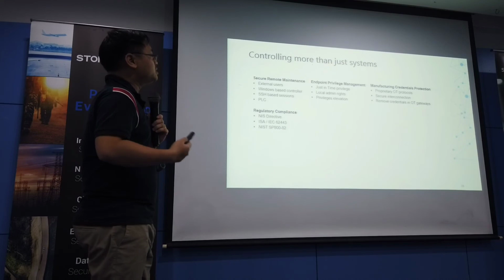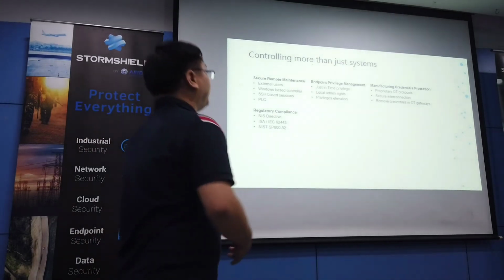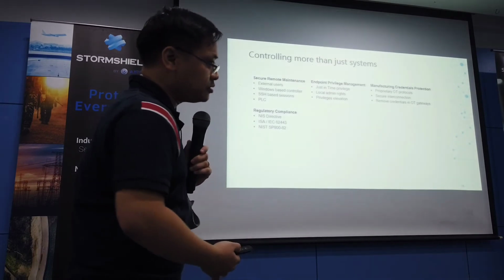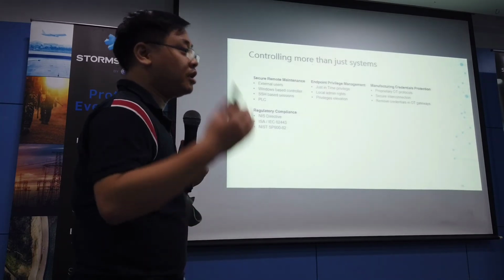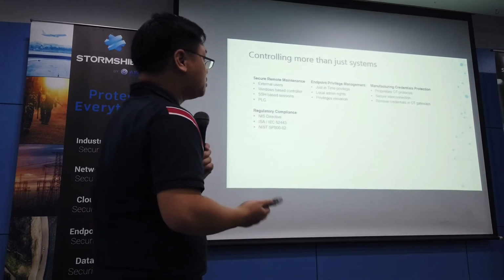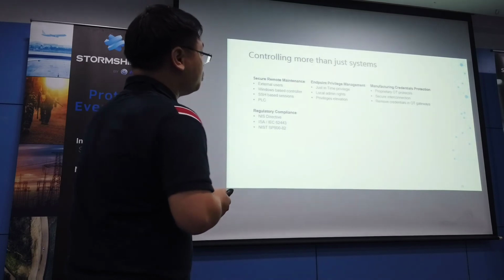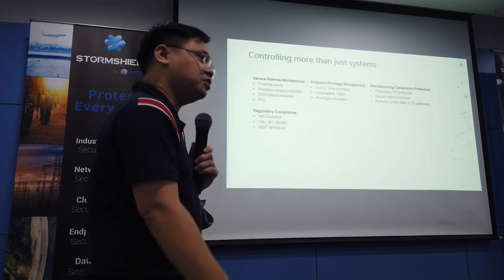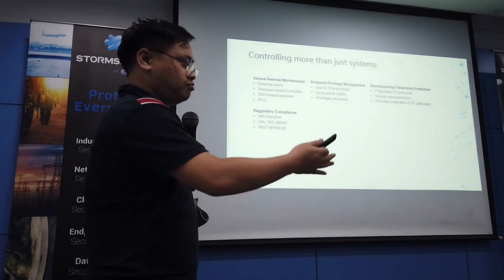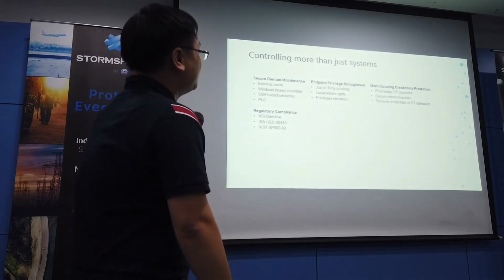So with Walix, you have different technologies. Secure remote maintenance: again, Industry 4.0, everything connected, remote maintenance is a thing that you need to check. Endpoint privilege: you have a lot of workstations in OT, like Windows 7, even before 7.